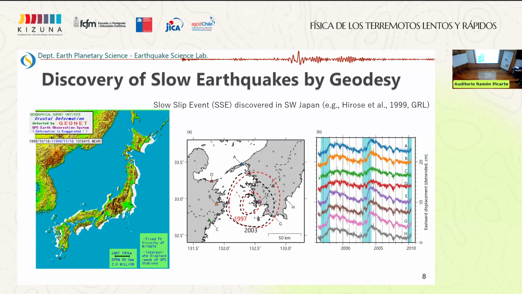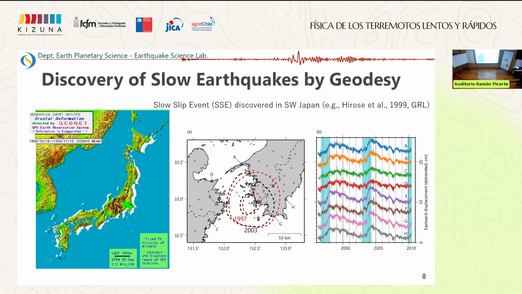So if we plot it in eastward displacement, it always goes this way. But sometimes it reverses like this. Maybe once in 7 years, the movement becomes opposite to the usual direction.